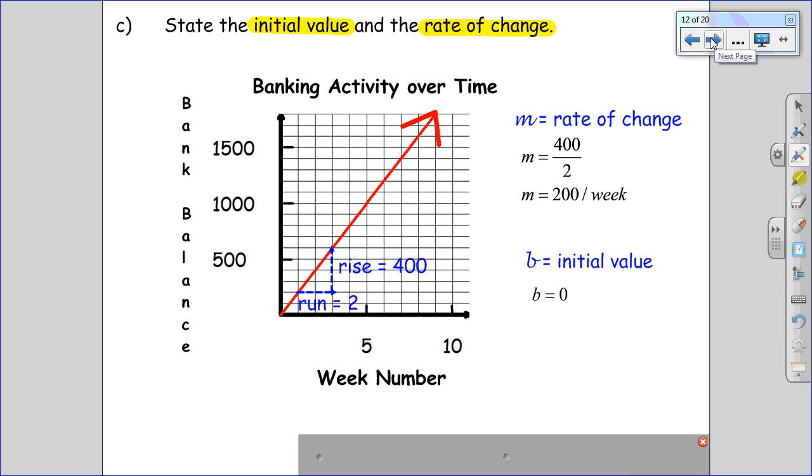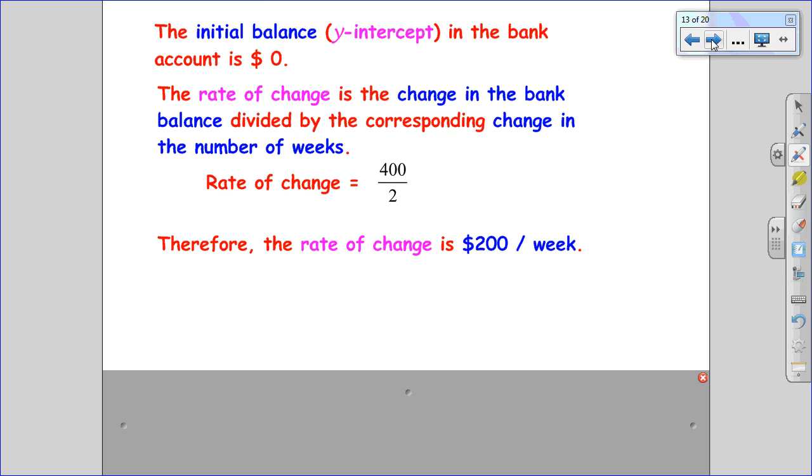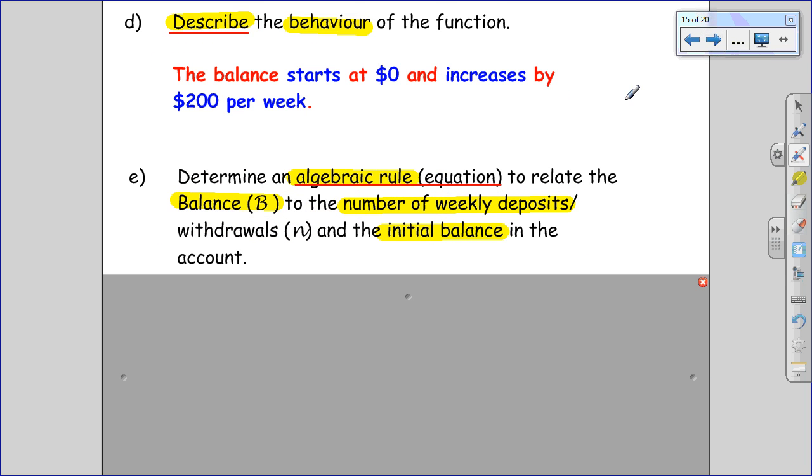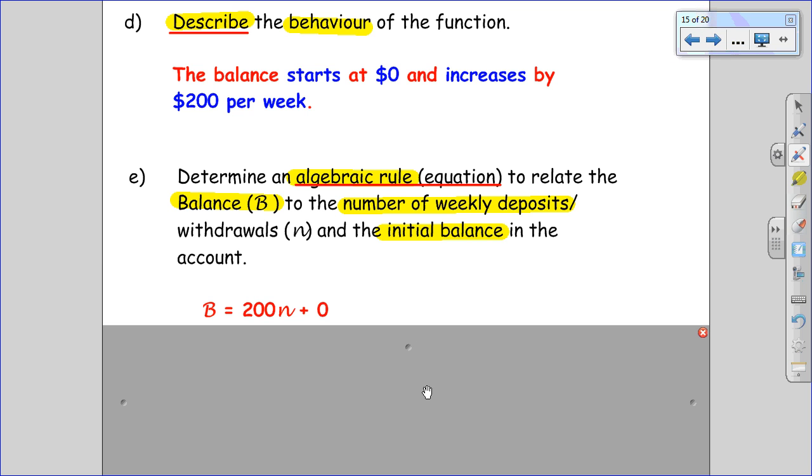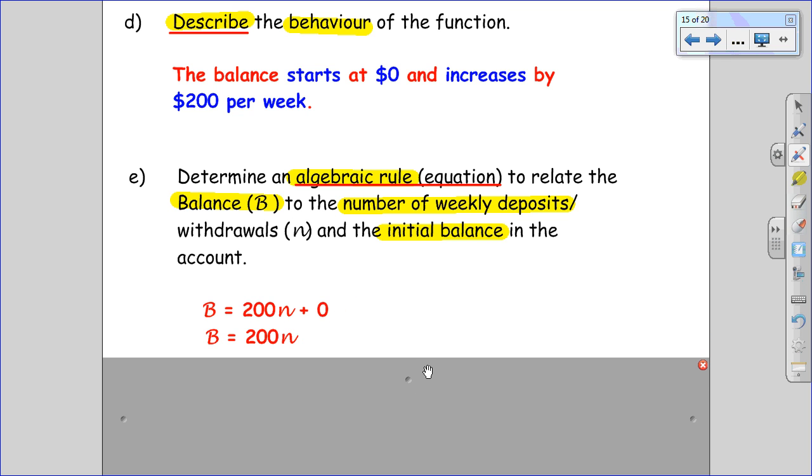So it's got to follow the slope y-intercept form of the line. So we have y equals mx plus b. Now m is the slope or the rate of change, which was 200. And b is the initial value or the y-intercept, which was 0. So really the equation is just the balance, b equals 200n, where n is the number of weeks you've invested your money.